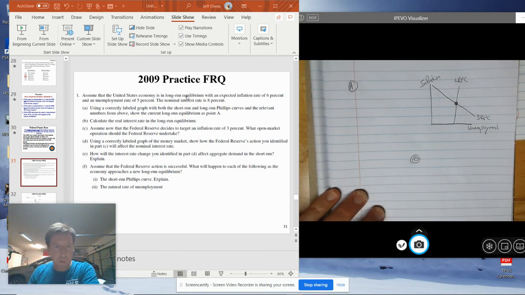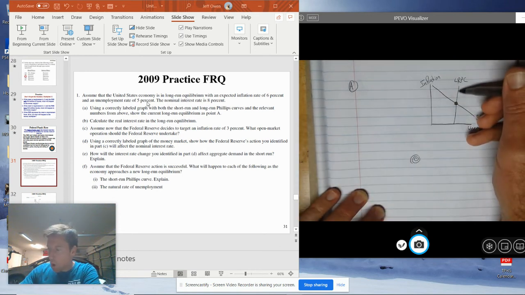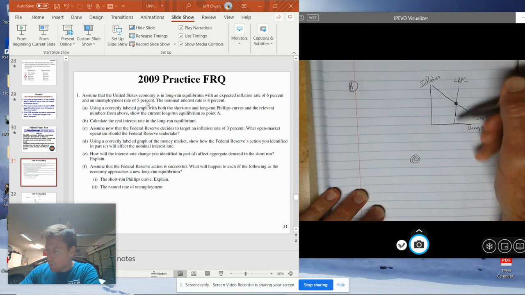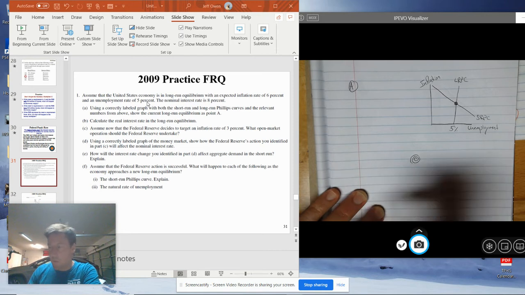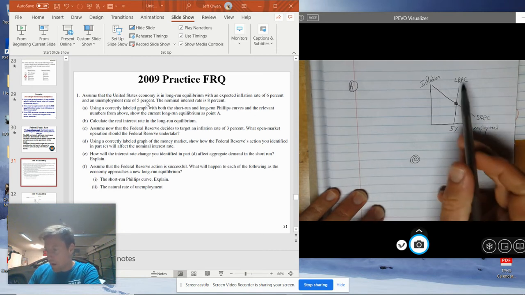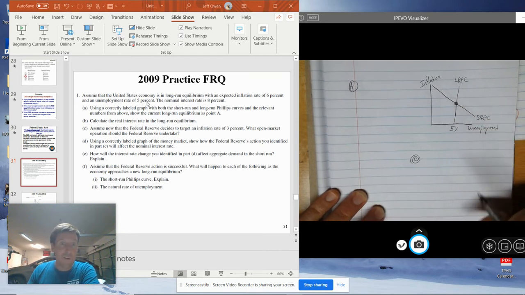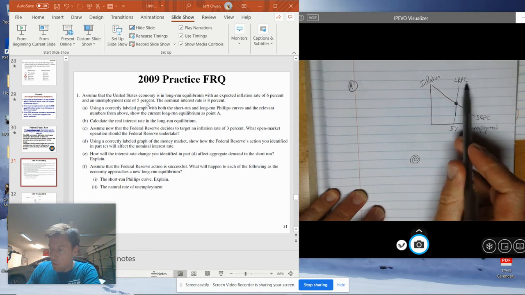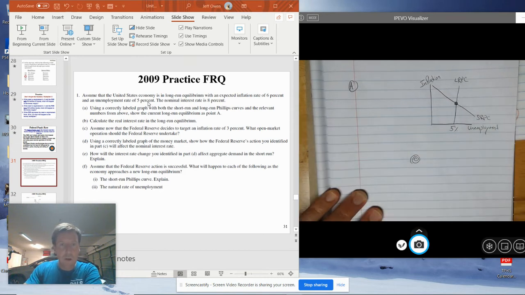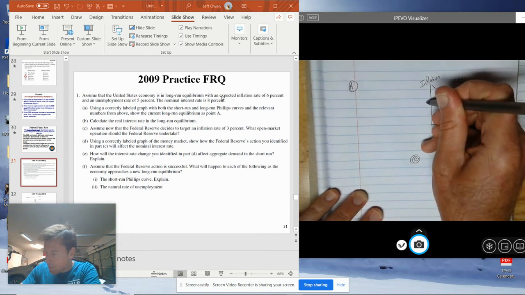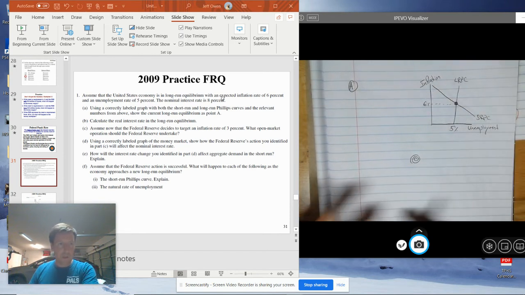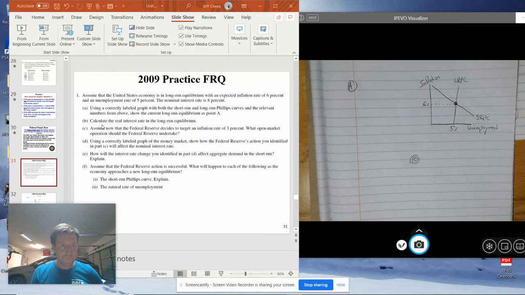So we're good. We know that our unemployment rate is 5%, and we're on our long run equilibrium. So natural rate is usually 4 to 6%. In this case, they're saying that we're at 5, so that makes sense because long run equilibrium lives below long run Phillips curve, and our expected inflation rate is 6%. So there's our point A.